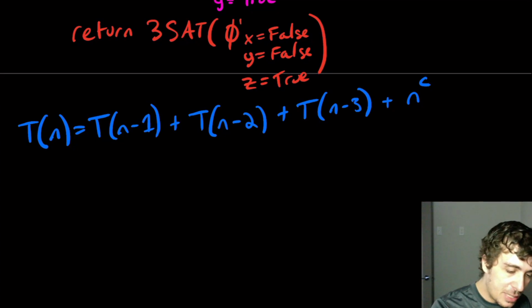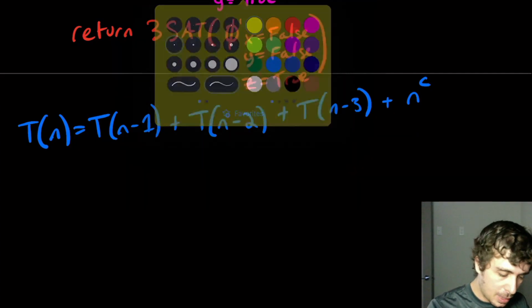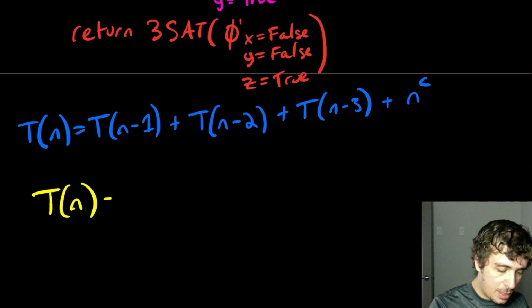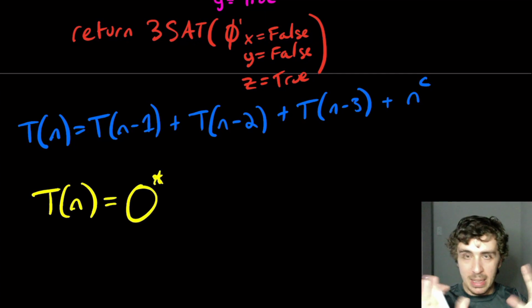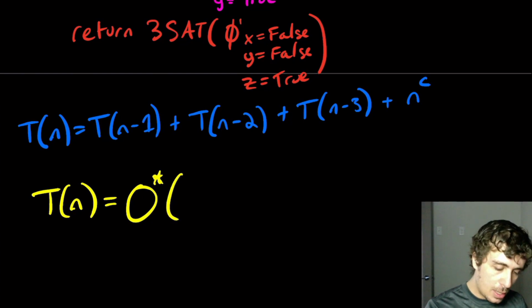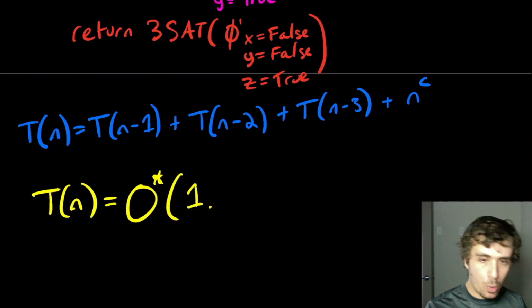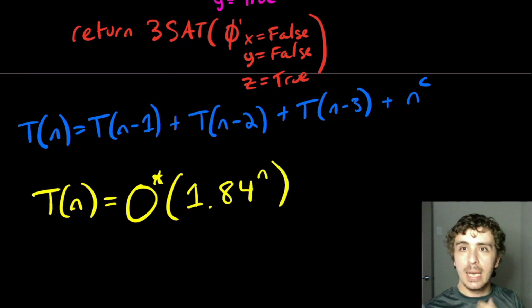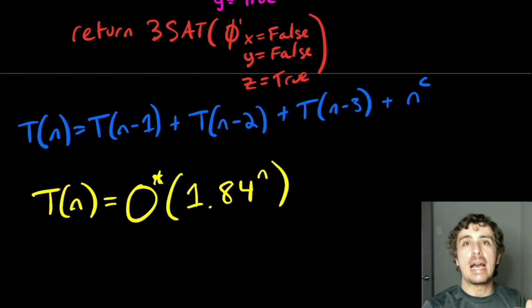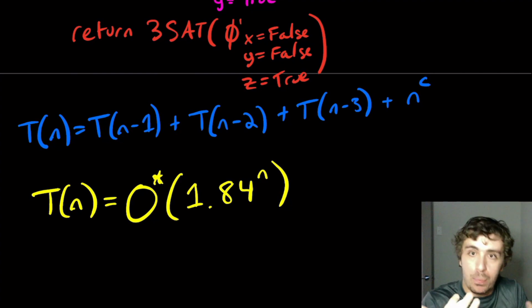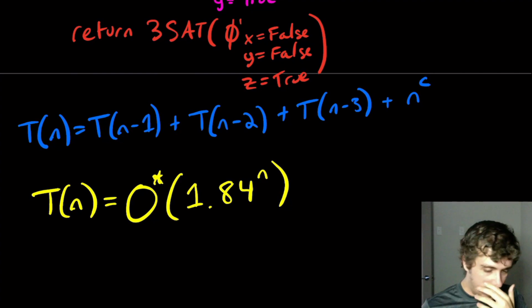But it turns out that if you do solve this, then the runtime here is going to be big O star, so we're eliminating the polynomial factors here, of approximately 1.84 to the n. Okay, so we had 2 to the n runtime before, now we have 1.84 to the n, which is actually a pretty dramatic drop.